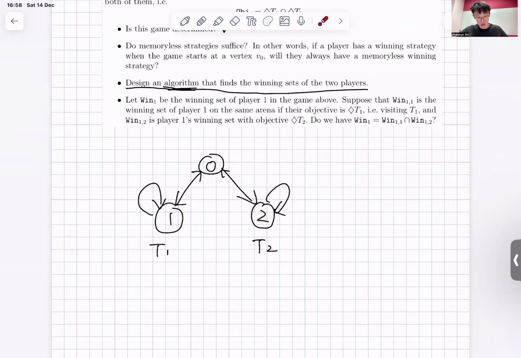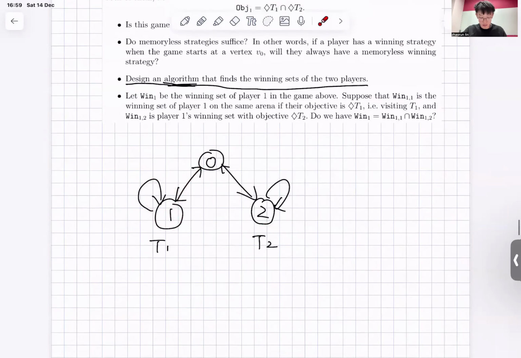But we can't have a memoryless strategy, because if we don't remember whether we have visited nodes in T1, then in this game we may take an edge from vertex 0 to vertex 1 and stay at vertex 1 forever, since we don't remember whether we have visited T2. So we cannot have a memoryless strategy.